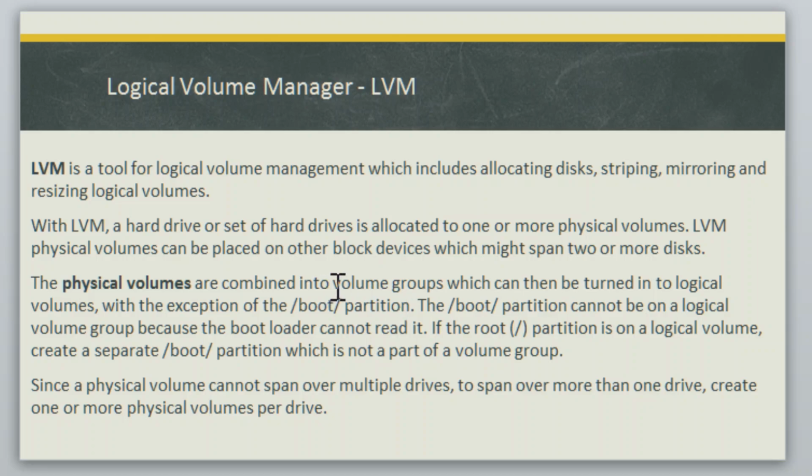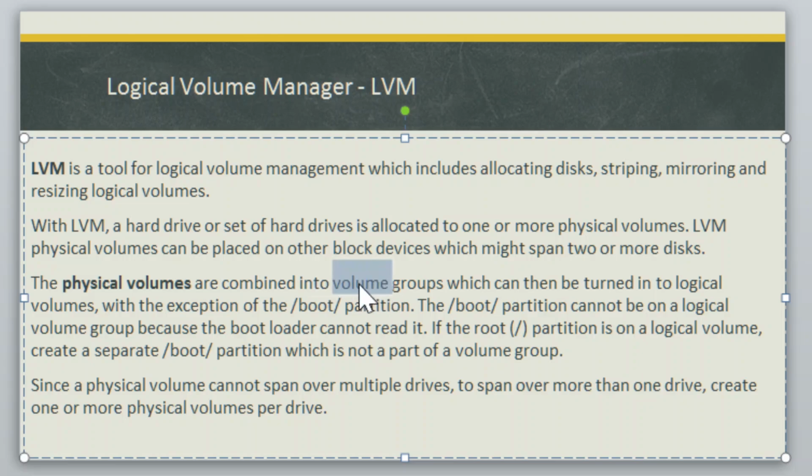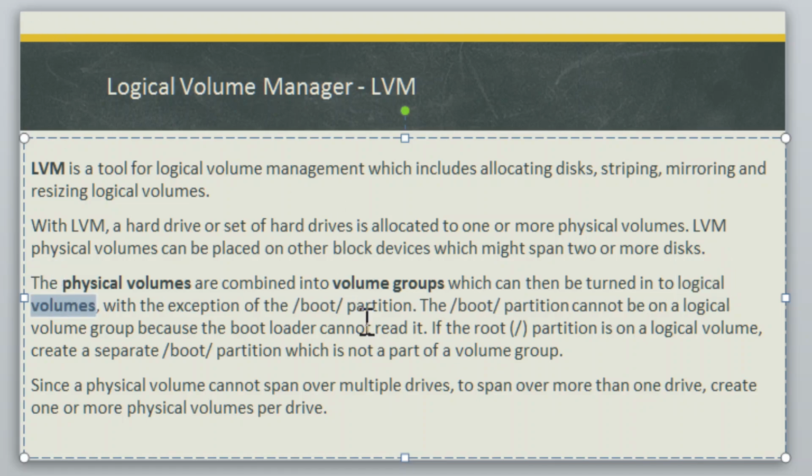I'm going to go ahead and highlight these as well too, guys, because this is really the main parts of LVM. So we've got our physical volumes, volume groups, and our logical volumes. The physical volumes are combined into volume groups, which can then be turned into logical volumes.